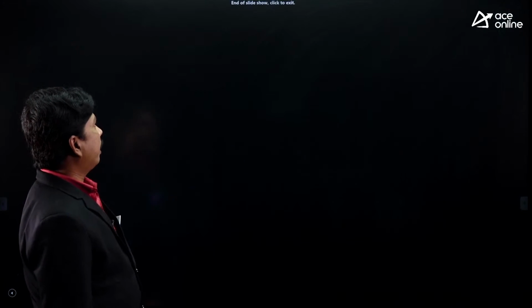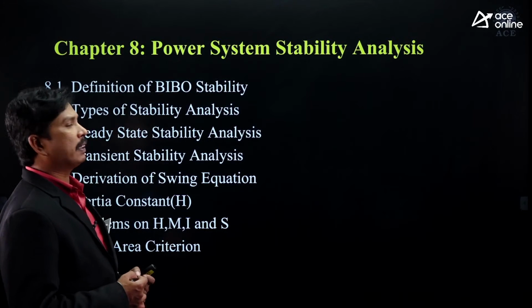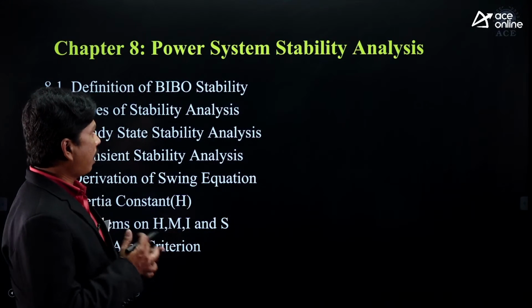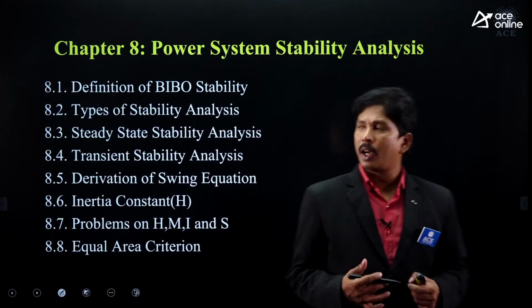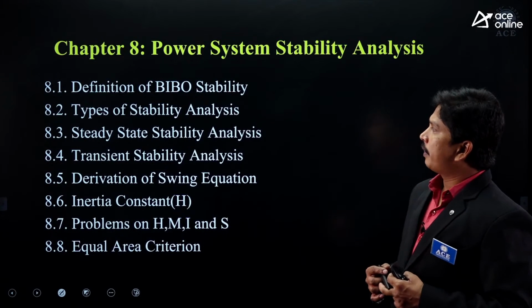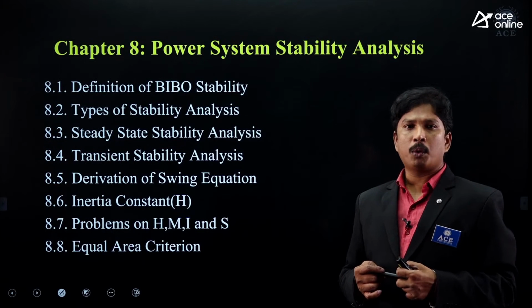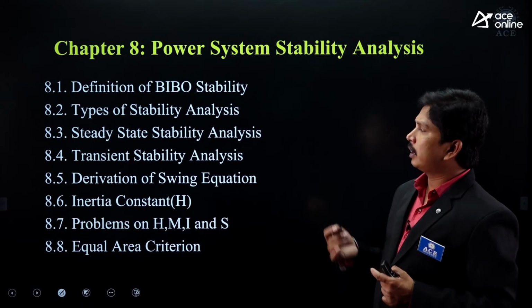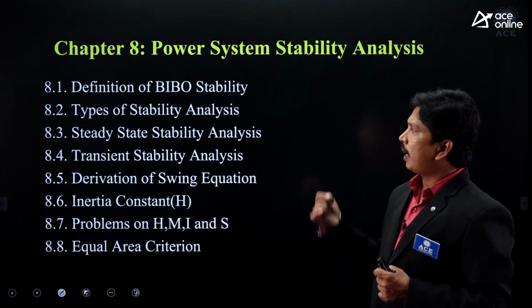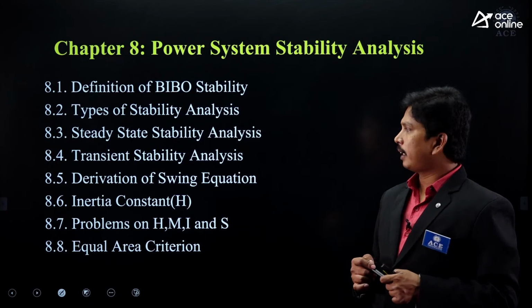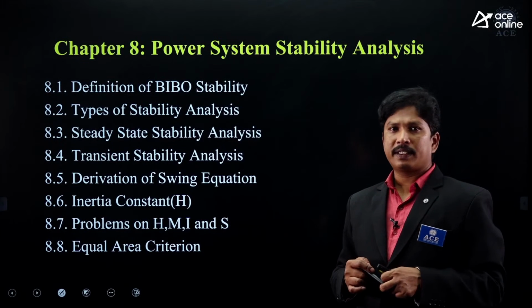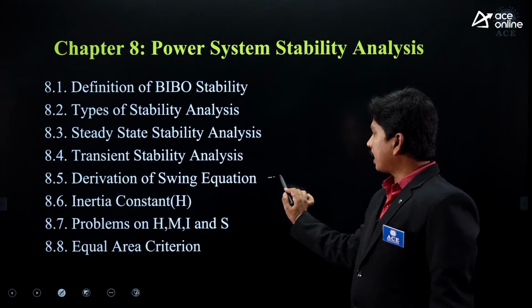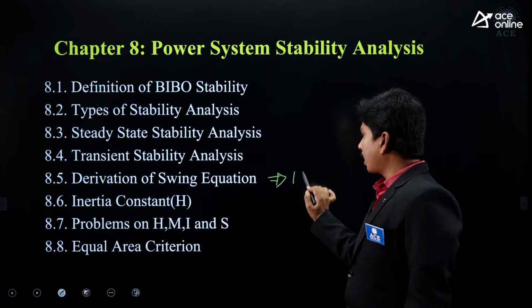Clear? And coming to the students, the next syllabus is power system stability analysis, the last chapter. In power system stability analysis, we have to study the definition of bounded input and bounded output stability, the types of stability analysis, steady state stability analysis and transient stability analysis, and the derivation of the swing equation, as we are studying the dynamic model of the rotor.